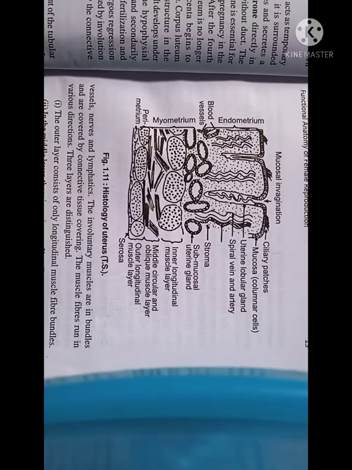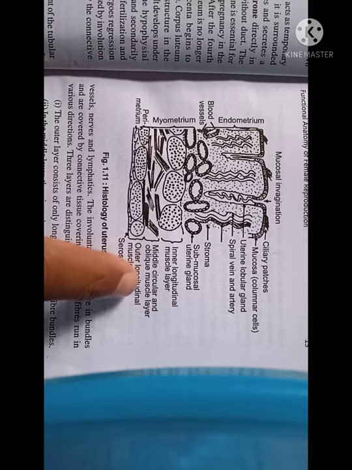So the smooth muscle layers contain connective tissues, numerous blood vessels, nerves, and lymphatics. The involuntary muscles are also present there. The muscle fibers run in various directions. Three layers are distinguished. The outer layer consists of only longitudinal muscle.